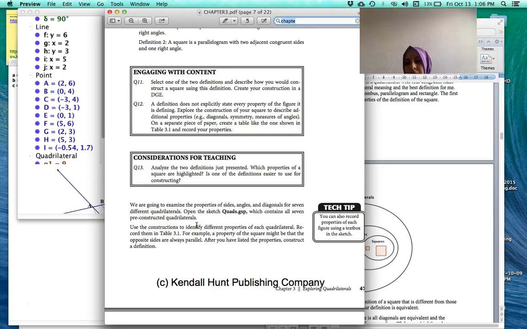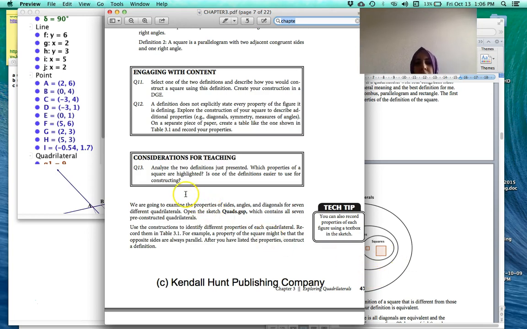Definition 5. If the intersection of the diagonals forms a 90 degree right angle and the diagonals are equivalent to each other, this means it's a square. Definition 6 can be, if we rotate a segment 4 times, it will be a square. That's why the pairs of opposite sides are symmetric.